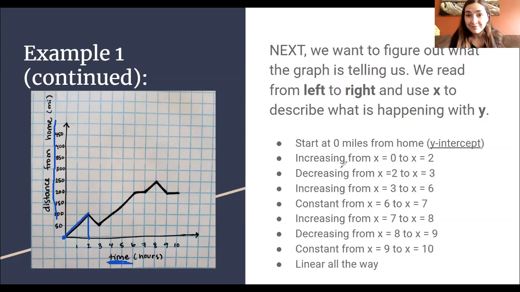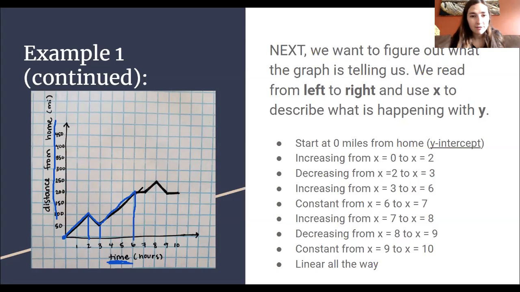And then from x equals 2 to x equals 3, the graph is decreasing, as you can see here, in this section right here. And then we're going to look at this next segment. It's increasing. How long is it increasing? From 3 hours to 6 hours. So over those 3 hours, the graph is increasing.